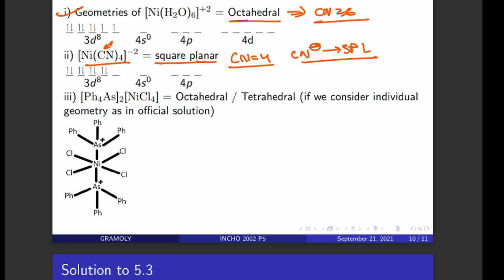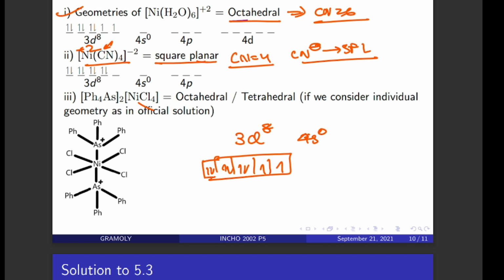For that we have to draw the electronic configuration first of Ni2+, because its oxidation state is plus 2. So it would be 3d8 and 4s0. The 3d8 configuration depicts this: 1, 2, 3, 4, 5, 6, 7 and 8. What is the role of this SFL?